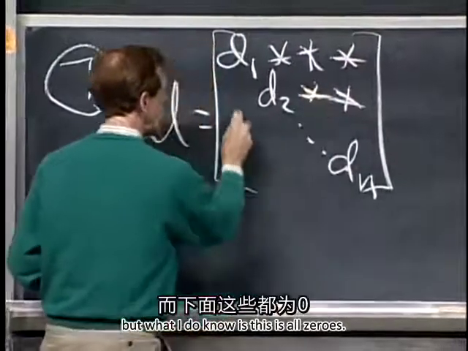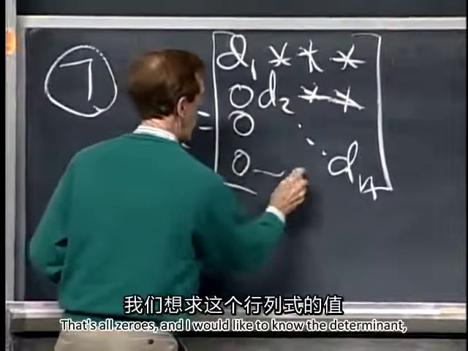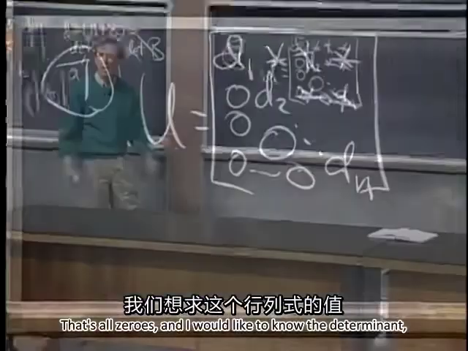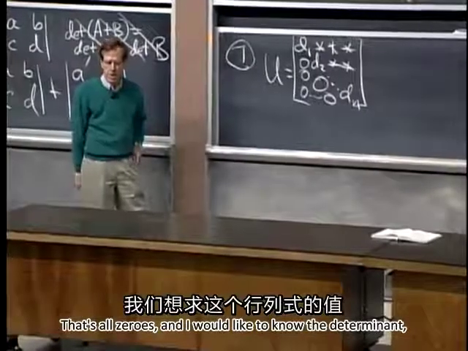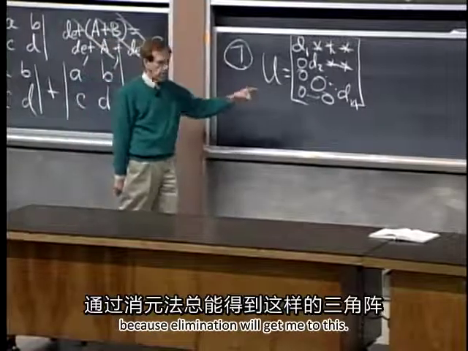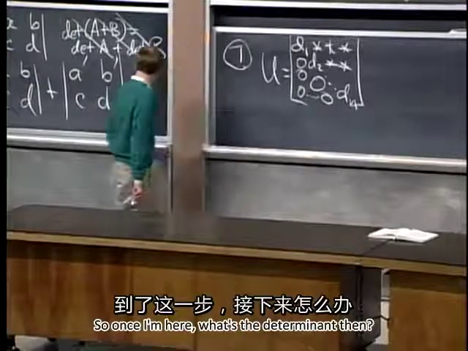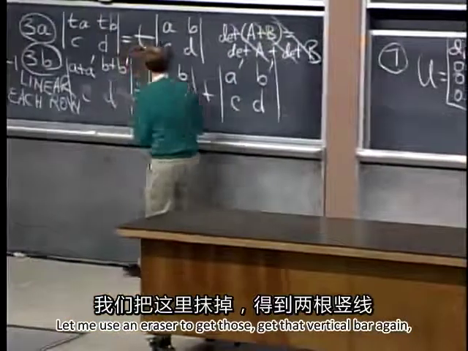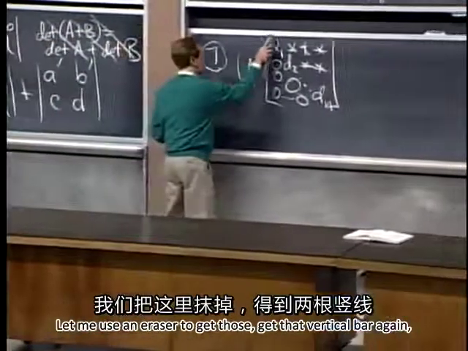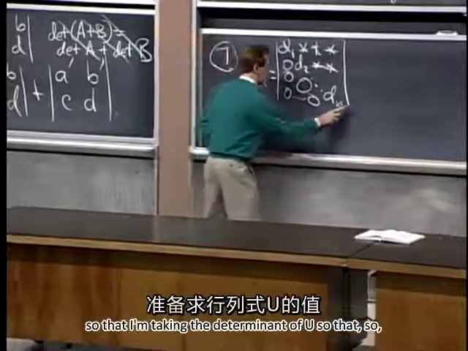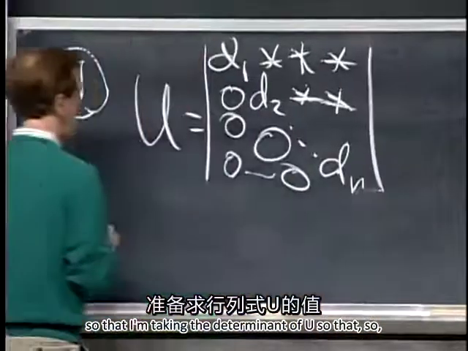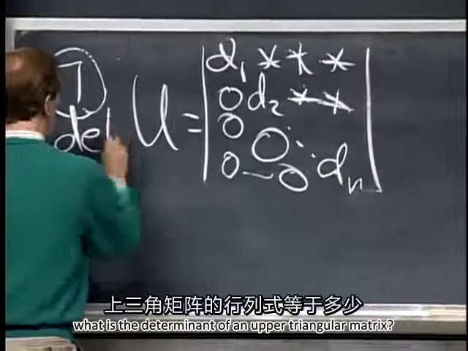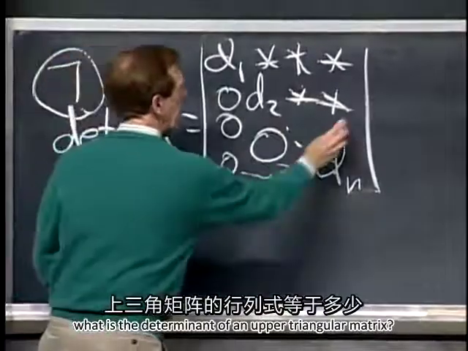I don't know what that is. But what I do know is this is all 0. That's all 0. And I would like to know the determinant, because elimination will get me to this. So once I'm here, what's the determinant then? Let me use an eraser to get that vertical bar again, so that I'm taking the determinant of U. So what is the determinant of an upper triangular matrix?